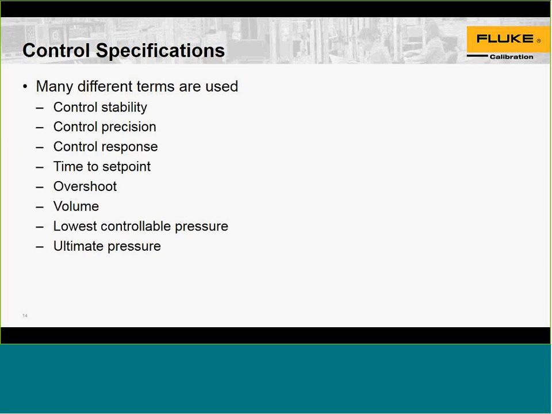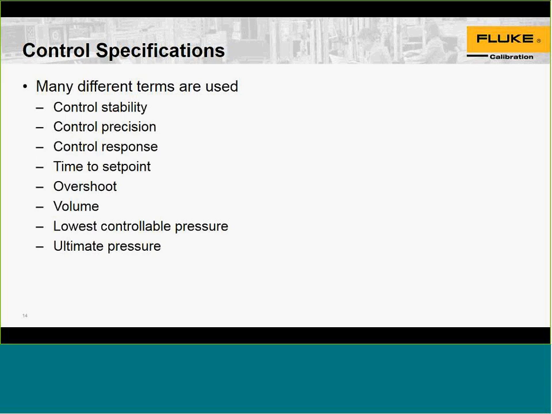Terms used to describe control performance of a pressure controller are control stability and precision. You have to see how quickly you can get to the set point. That's something like response or time to set point. Overshoot describes how far the pressure may go over the set point before stabilizing at the set point.